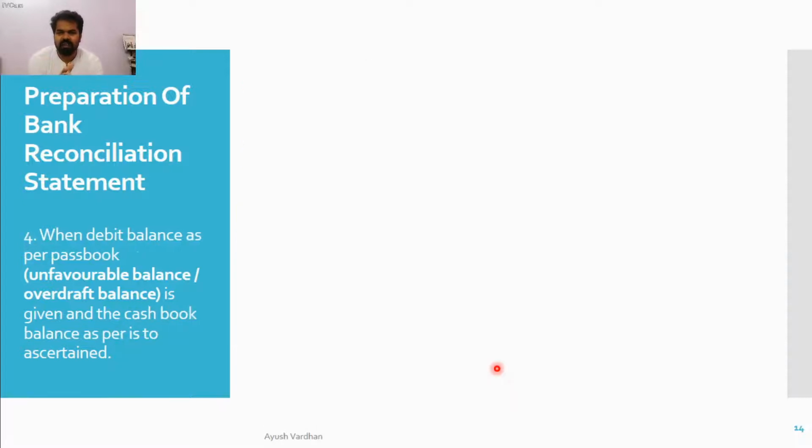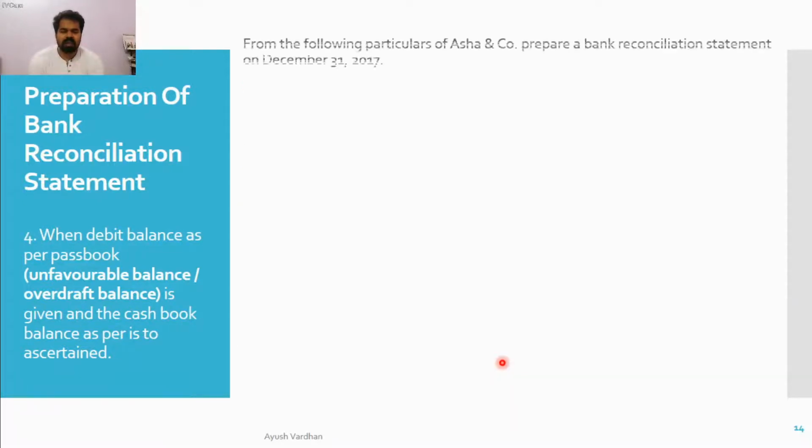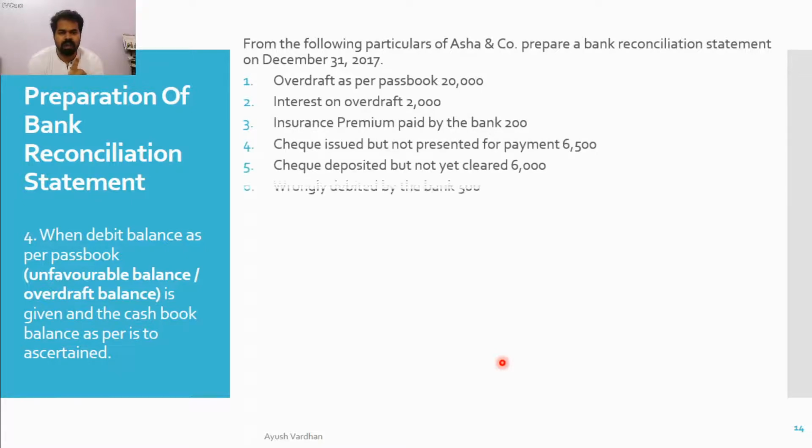Okay, so we will now look into our last example, that is again the overdraft, but in this overdraft we will start with the passbook. It is related to Asa and Co, and we have to do the reconciliation on 31st December. These are the entries that we have to make.